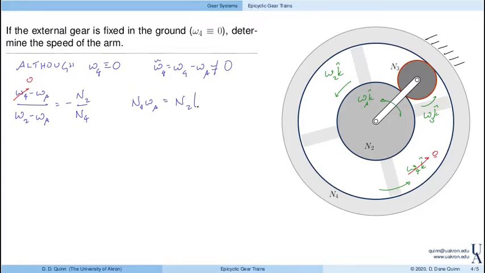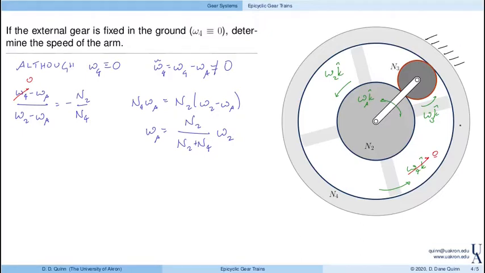It's equal to n2 times omega 2 minus omega arm. And as a result, we see that omega A, the angular speed of the arm, is n2 divided by n2 plus n4 times omega 2. So with this planetary gear system, the speed of the arm is less than the speed of the input gear.